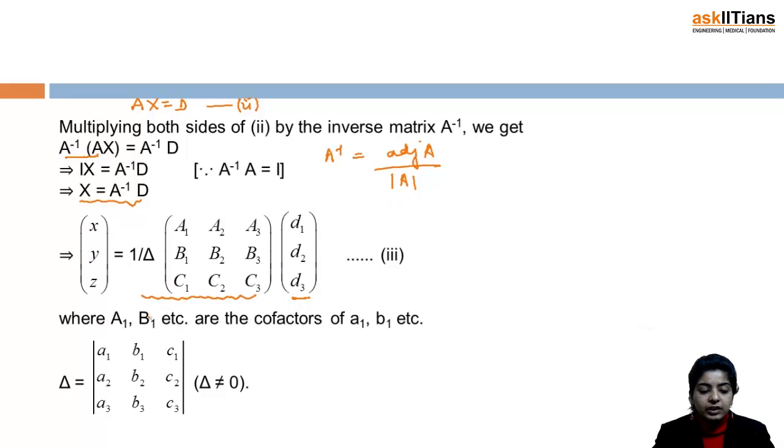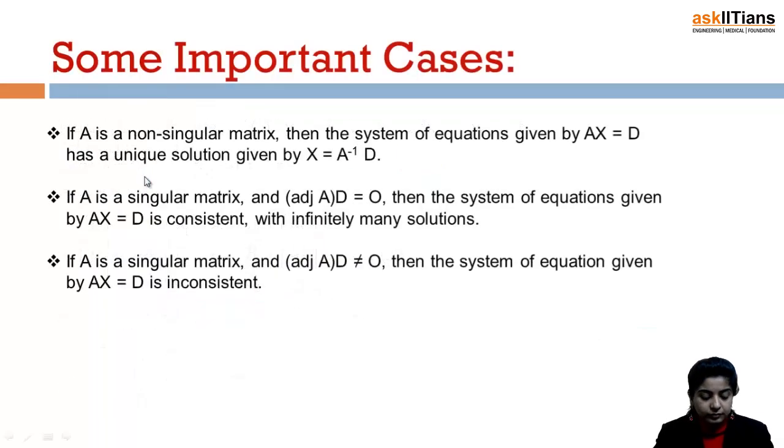So where these would be cofactors, and this is the transpose of the matrix of cofactors divided by the determinant. So this whole value is A inverse, and determinant you already know is the determinant of the coefficients a1, b1, c1 and so on. So just remember, this is giving you the solution set of that system of equations, X equal to A inverse D. We have certain important cases here.